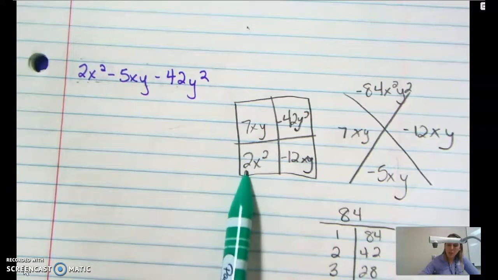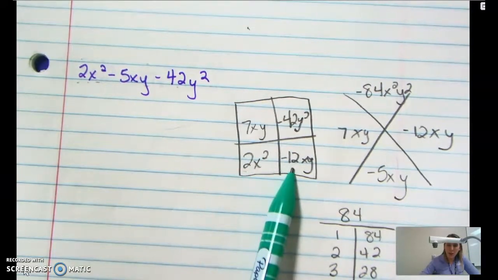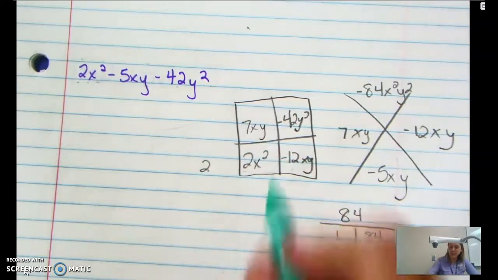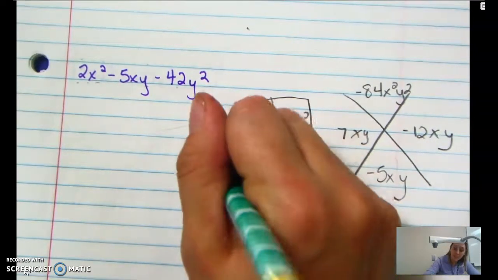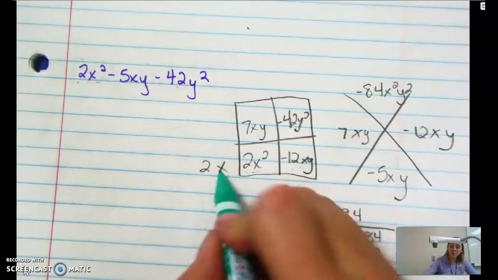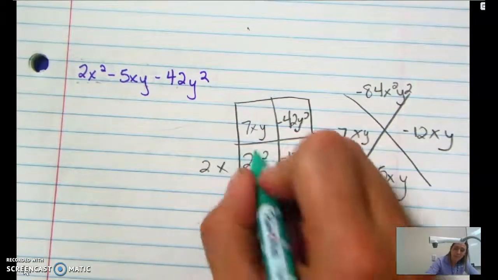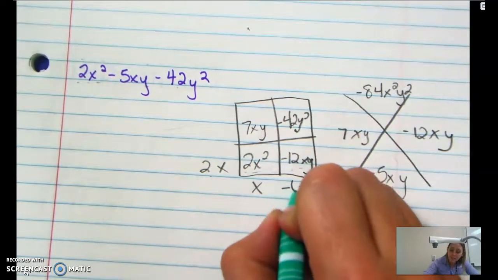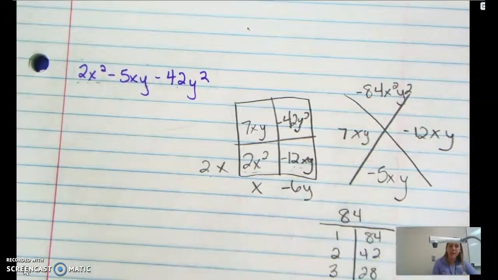So 2 and negative 12 have a 2 in common because we're going to do a greatest common factor, and they both have an x. So I'm actually going to do 2x. So 2x times x gives me a 2x squared. 2x times negative 6y will give me a negative 12xy.